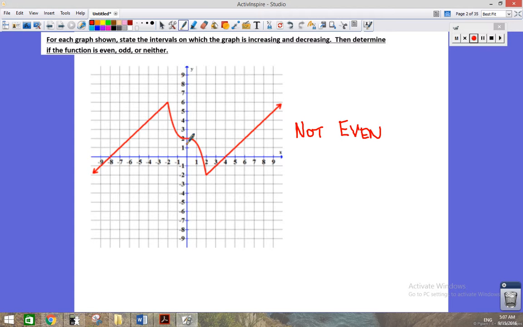On the left part, this would have to be going up and then down. This portion would not look like this, it would look like that. Or if I picked the other side and reflected it the other way, you would have the y-axis being a mirror, and the left-hand side and the right-hand side would be mirror images of each other. We clearly do not have that, so this is not an even function.